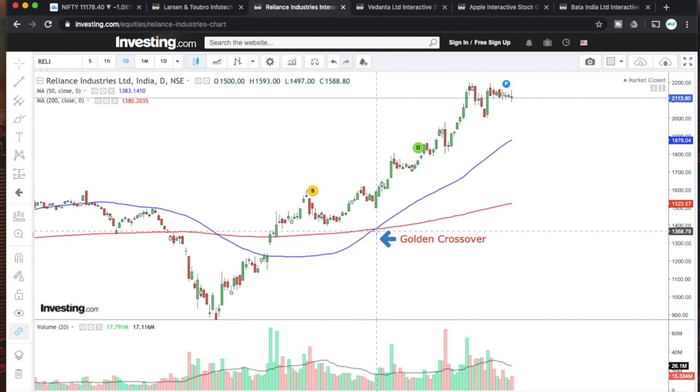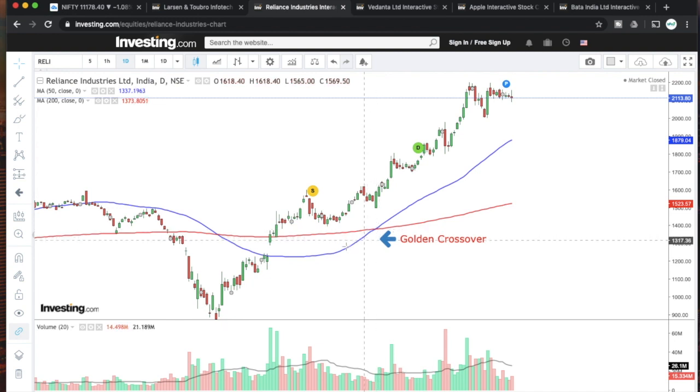When the golden crossover happened at the 1500 price level, shares exploded, and it's currently trading at 2113 in less than 3-4 months. So you can see a 600 rupee movement per share has happened after the golden crossover took place less than 2 months ago.